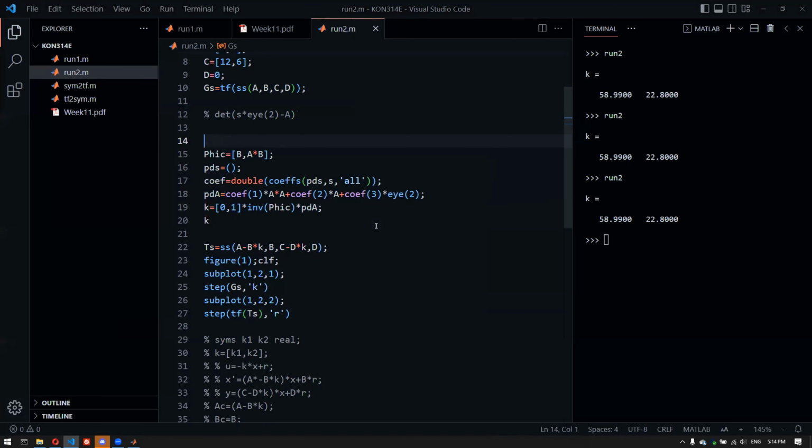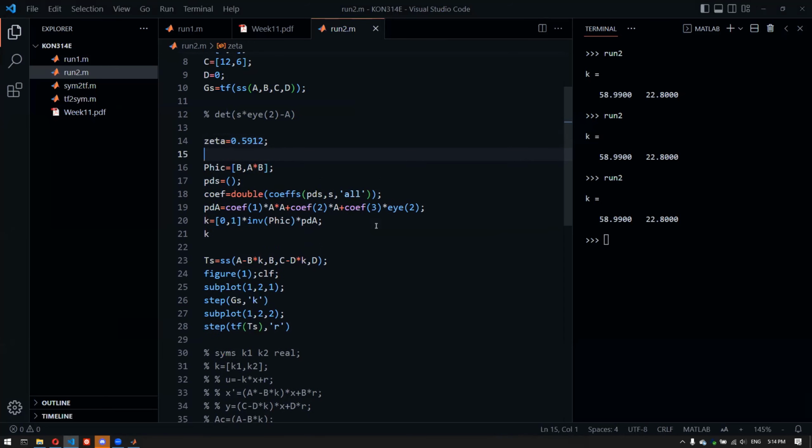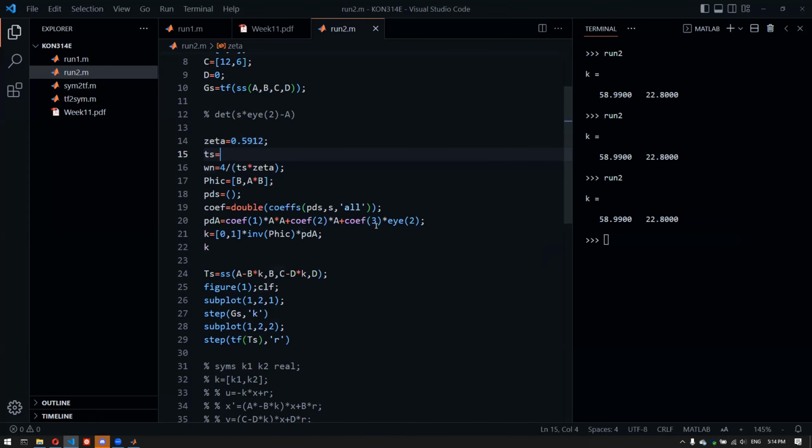So let's have zeta equals 0.59, which was roughly 10% overshoot, I guess, something like this. Let's have omega n equal to 4 divided by TS times zeta here. And let's have TS equals 1. So I'm just choosing them.